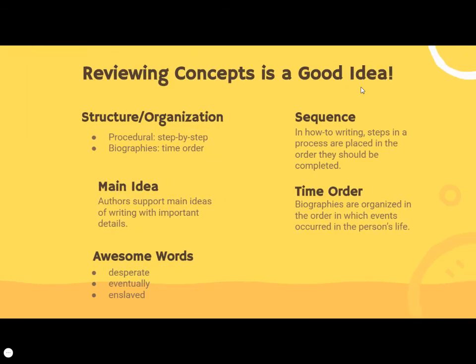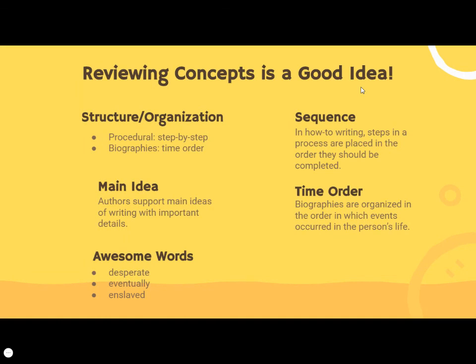Let's review the concepts of this lesson. Structure, organization. Procedural text is organized in step-by-step order. Biographies are organized in time order. Sequence. In how-to writing, steps in a process are placed in the order they should be completed.